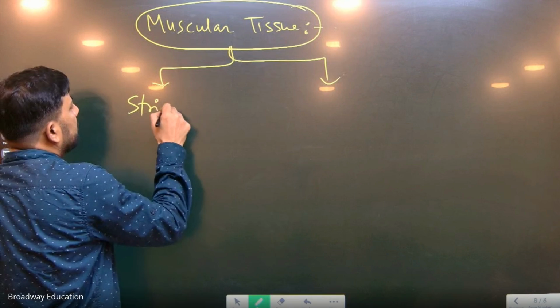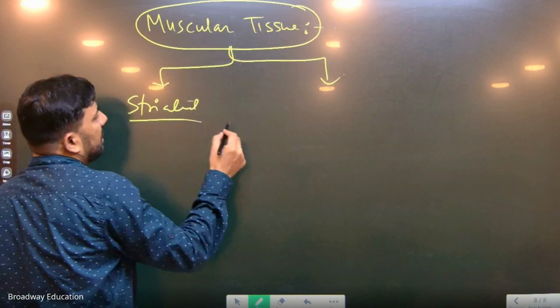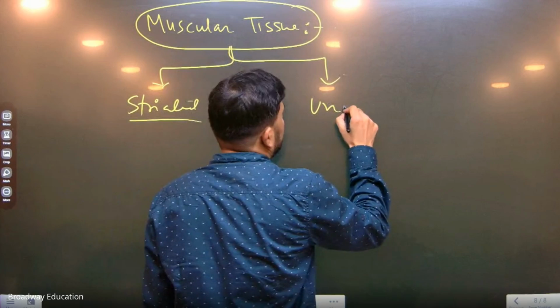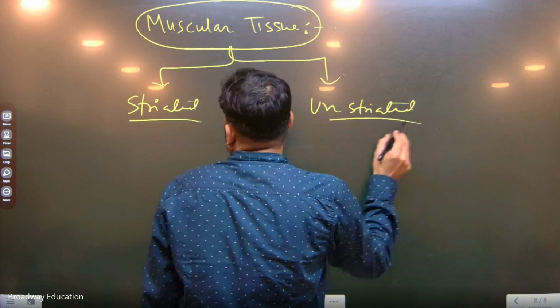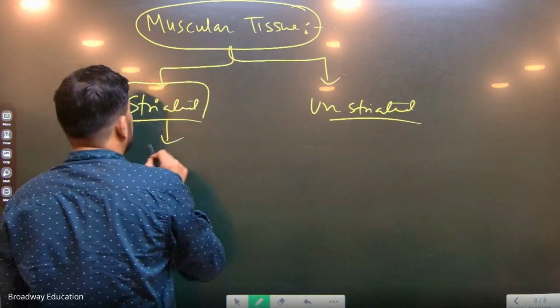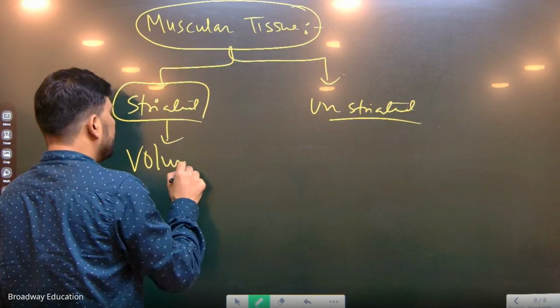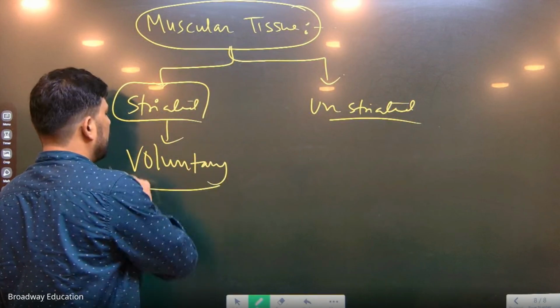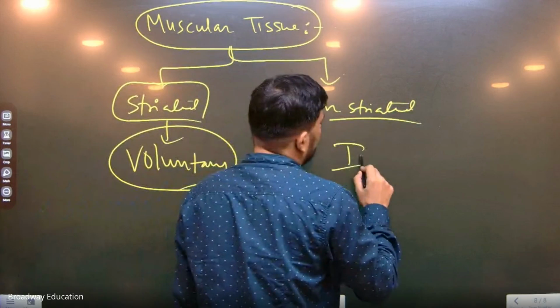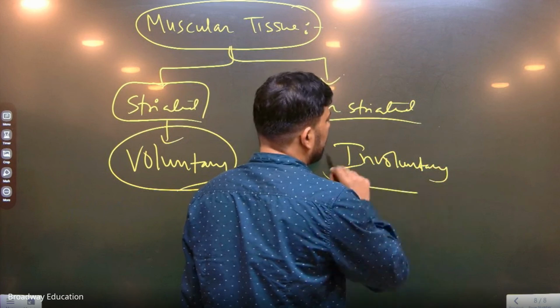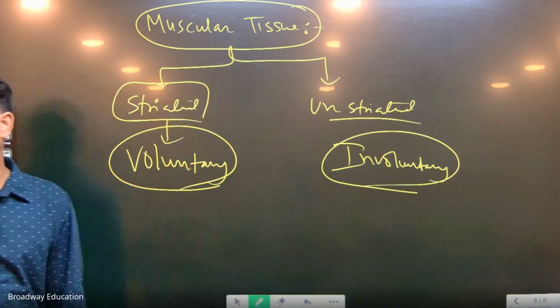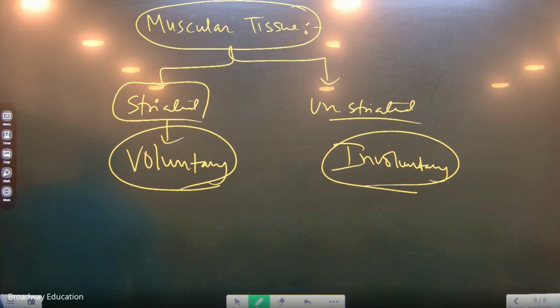Striated and unstriated. Striated means voluntary. This is involuntary. What do you mean by voluntary and involuntary? Controlled by our will, and those which cannot be controlled by our will.